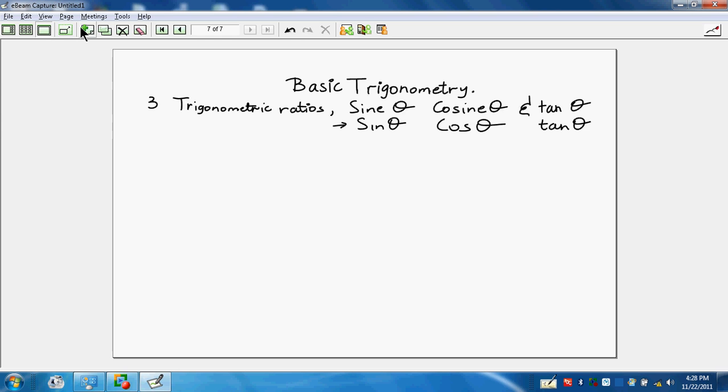Full stop. These ratios apply for all right angle triangles, and only right angle triangles.